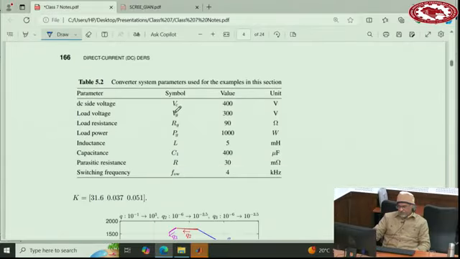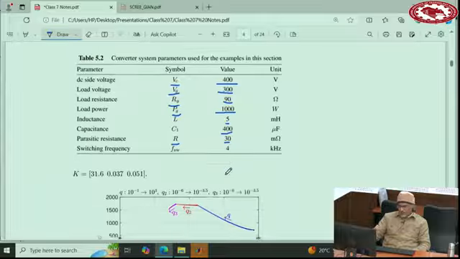The parameters I consider are pretty much the same numbers that we had before: 400 volts on the A side, 300 volts on the load side, and these are the load resistance. That means a power of 1000 watts or 1 kilowatt. The inductance is 5 millihenry, capacitance is 400 microfarad, parasitic resistance is 30 milliohm, and switching frequency is 4 kilohertz.